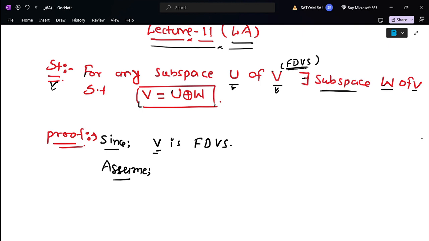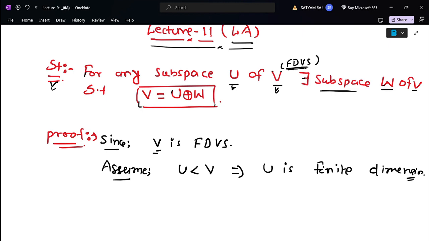Also, since V is finite dimensional and U is a subspace of V, it will imply U is finite dimensional. Okay, till here there should be no questions.